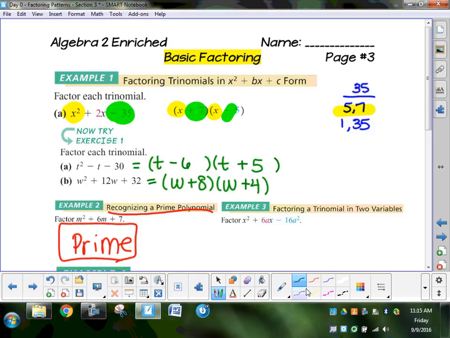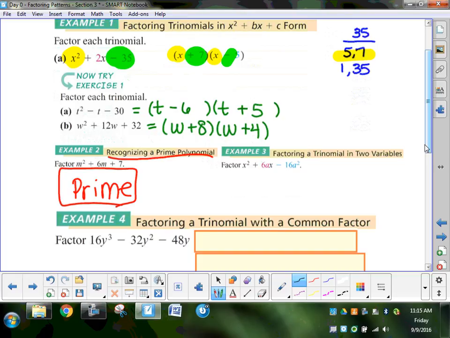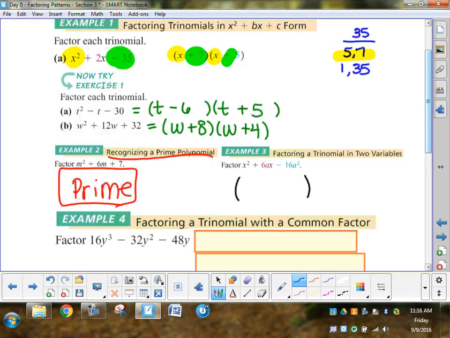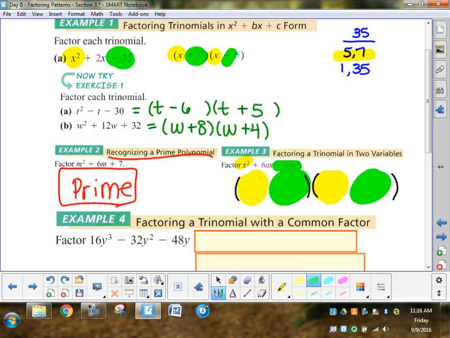Now, looking at the next one. This one does factor down because it doesn't say prime at the top. You're factoring with two variables, so I'm going to leave two sets of parentheses, and I'm going to go back to that pattern that I mentioned before. You all probably don't have a highlighter on you, but I do. These first values have to multiply to give me the x squared, and I'm going to fill something in. I need to fill something in here and here that's going to give me the negative 16a squared. Now you're limited.